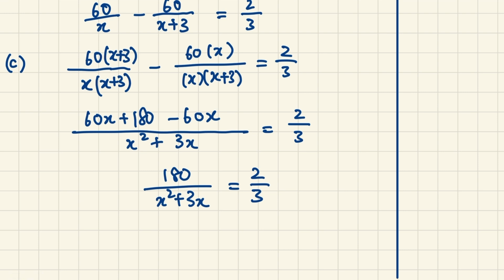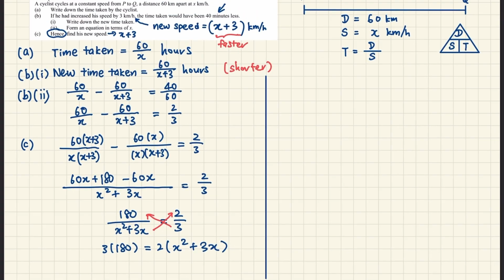Of course, that is equivalent to saying I multiply 3 times x squared plus 3x on both sides. So in a simple shortcut, you're just going to cross multiply, and then you have 3 times 180 equals 2 times x squared plus 3x. I've run out of space, so I'm just going to bring this to the next half of the screen.